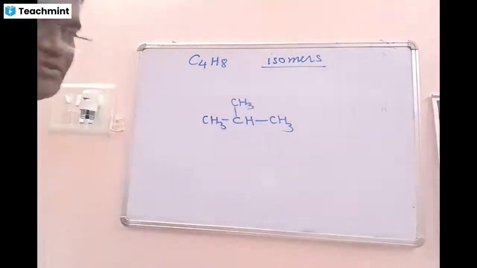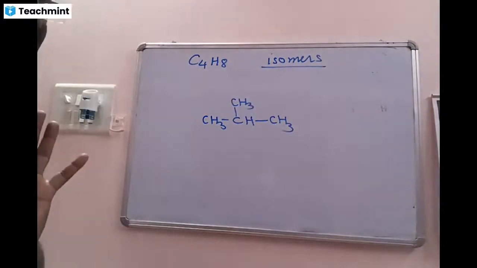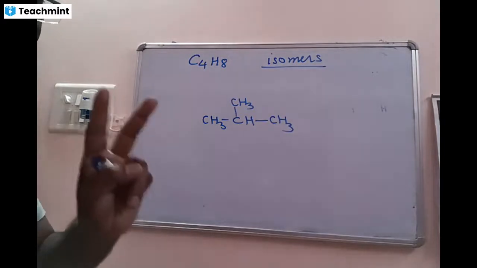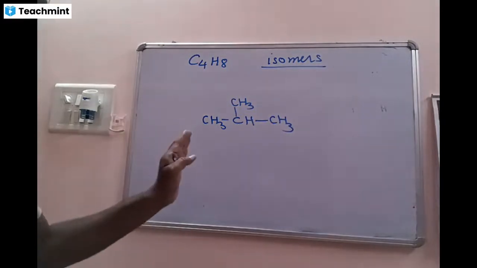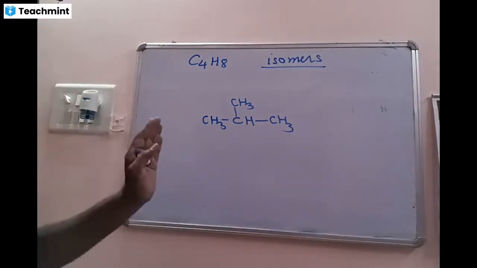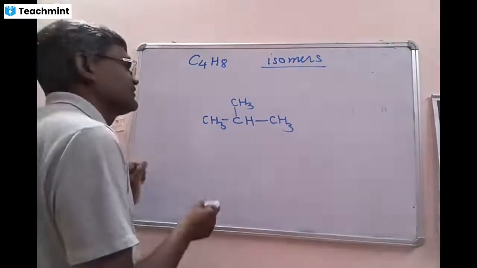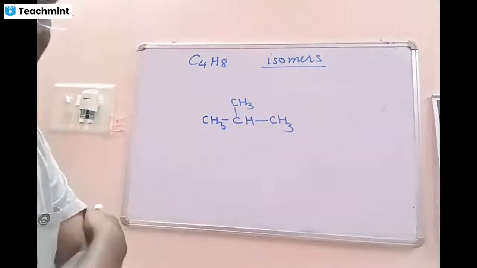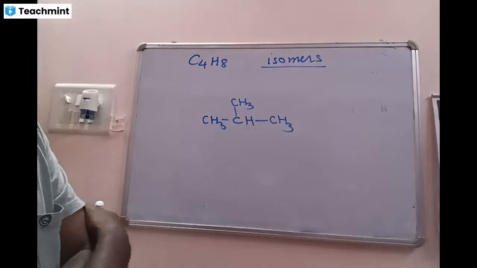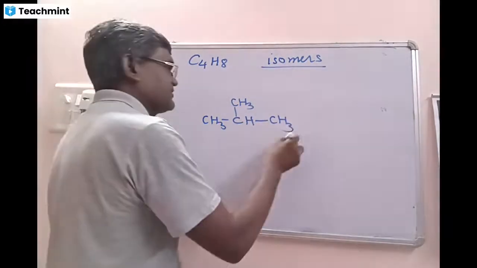Now you have to remove two hydrogens from two different carbon atoms. This is isobutane, right? Now you have to remove two hydrogens from two different carbon atoms which are adjacent to each other. So I will use this carbon and this carbon.